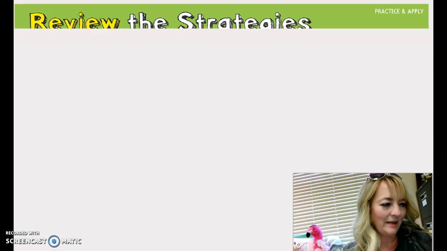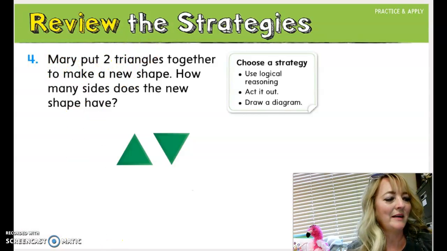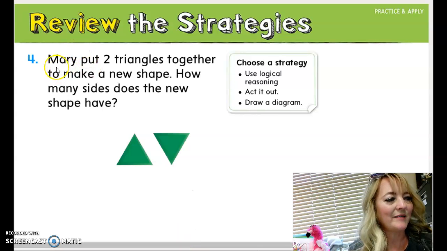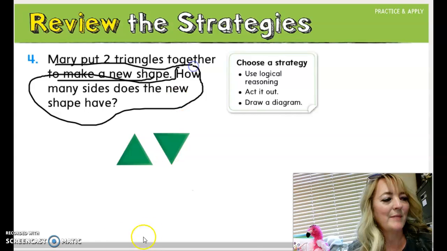Okay, next one is number 4. Mary put 2 triangles together to make a new shape. How many sides does the new shape have?